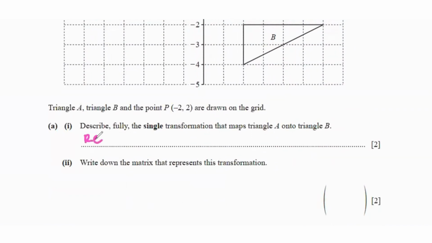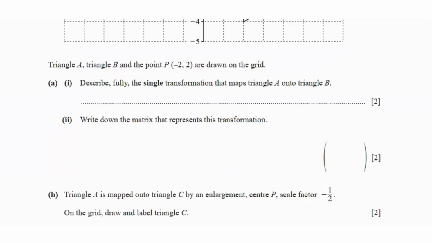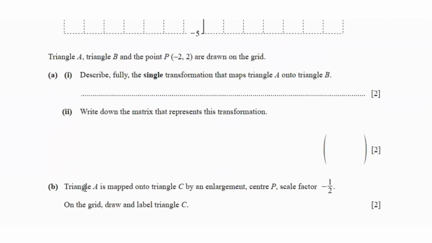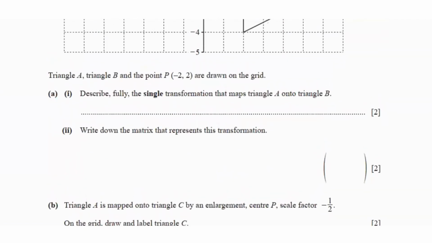So reflection in the X-axis, or y equals 0. Write down the matrix that represents this transformation. The matrix that represents this transformation is going to be 1, 0, and 0, -1.